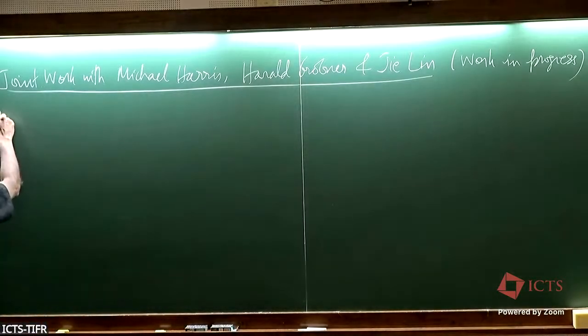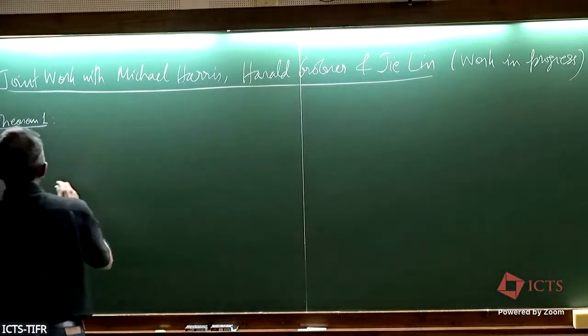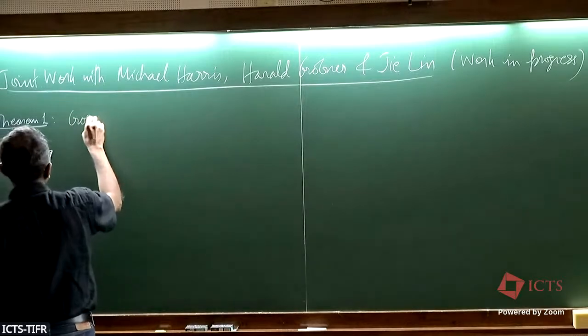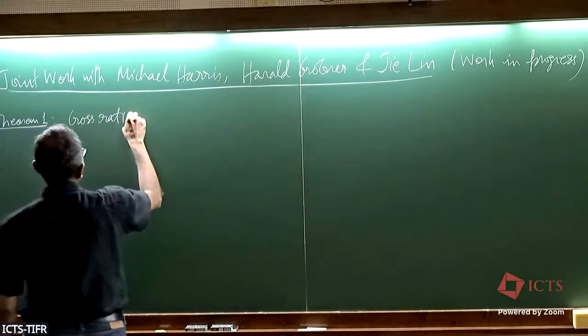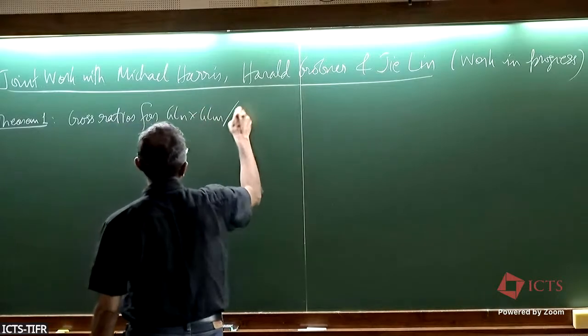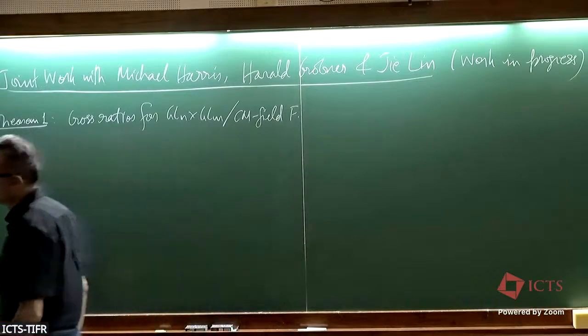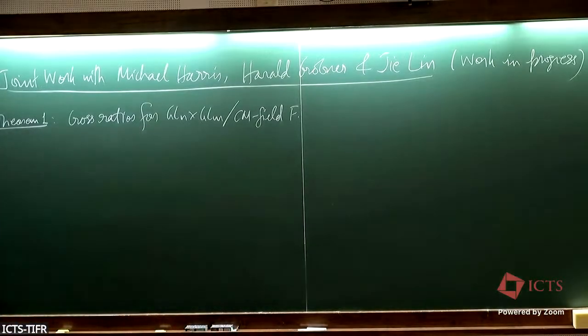So the first theorem is cross ratios for GL_N cross GL_M over a CM field. Let me briefly pick up some notation to state this, and then after this overview, when I get into details, my notations will evolve a little more.